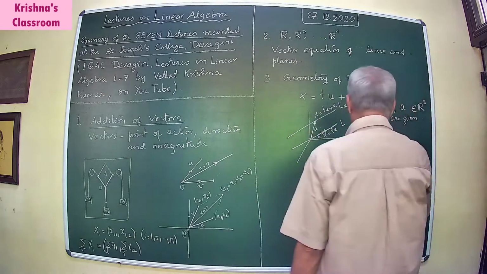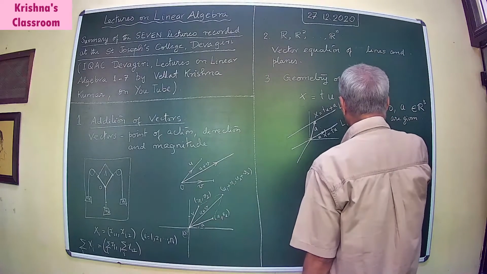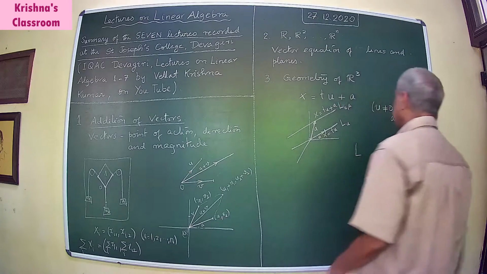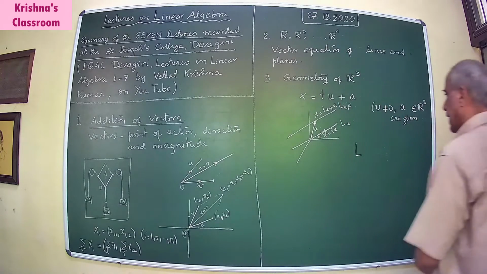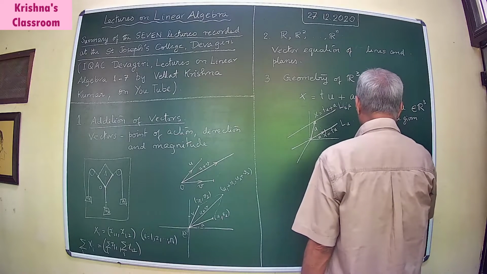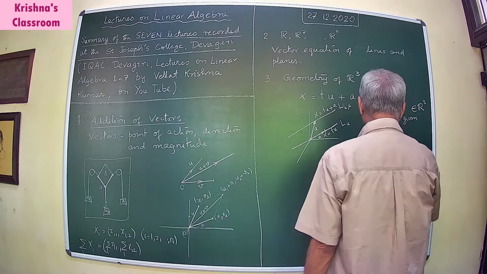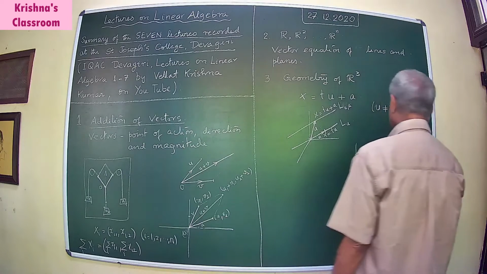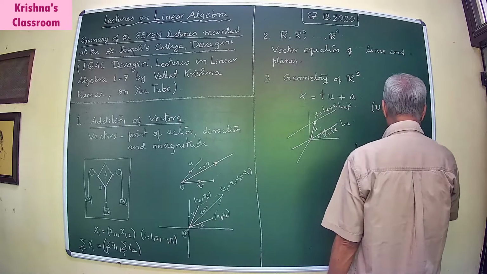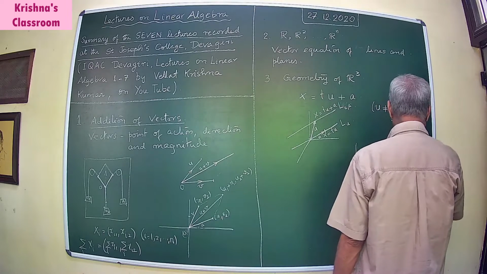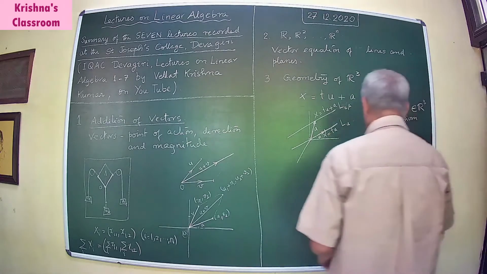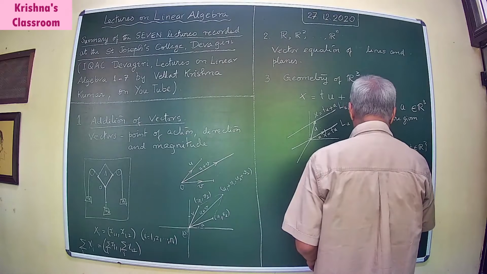L_U consists of all those vectors x such that x is equal to u plus multiples of a.